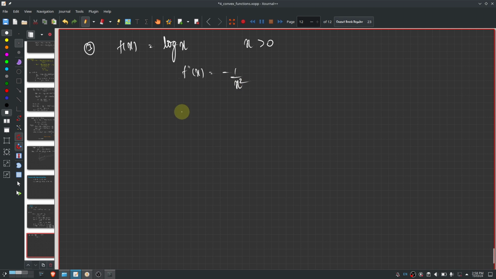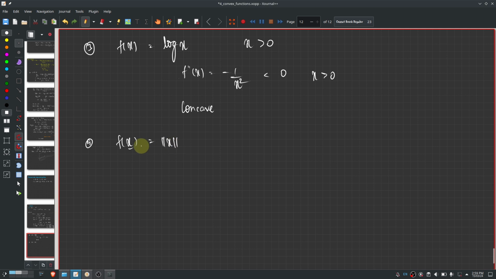The first derivative is 1 by x, second derivative is minus 1 by x squared. This is always strictly less than 0 for x greater than 0, right? So this is concave.